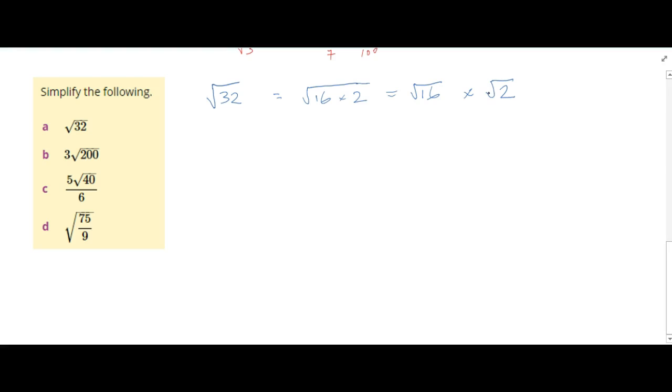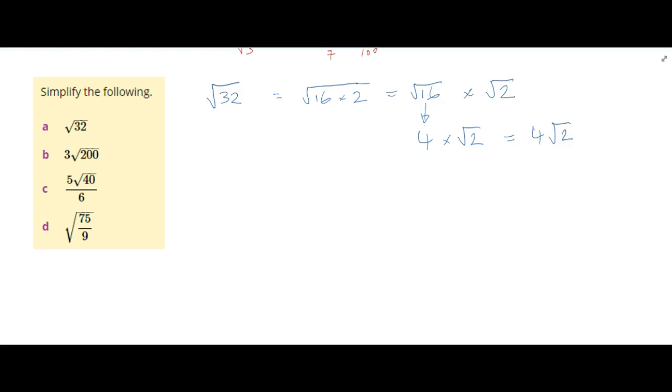The square root of 16 is actually 4, so we can simplify this to 4. The square root of 2 does not simplify, so that stays the same, just root 2. Now 4 times root 2 is just 4 root 2. So in its simplest form, the square root of 32 is 4 times root 2, or 4 root 2.